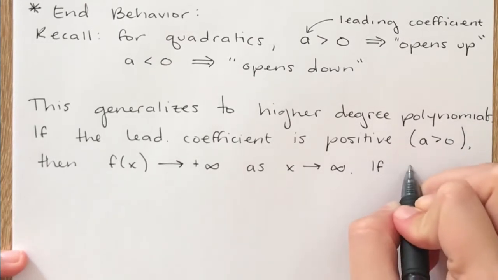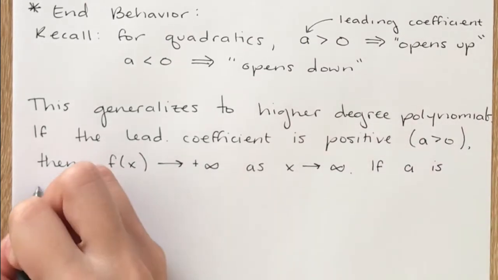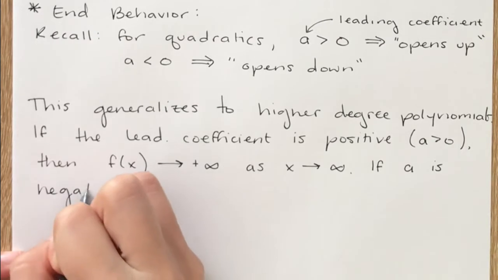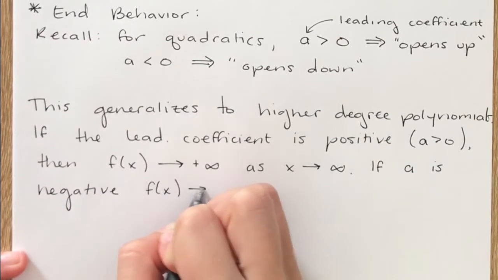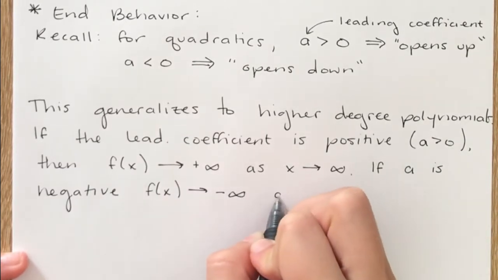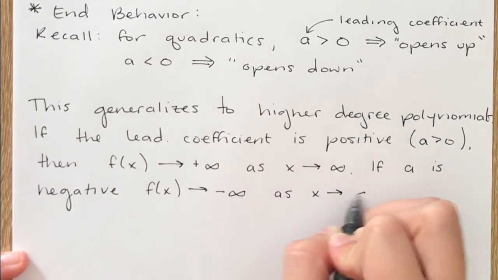If a is negative, f of x approaches negative infinity as x approaches infinity.